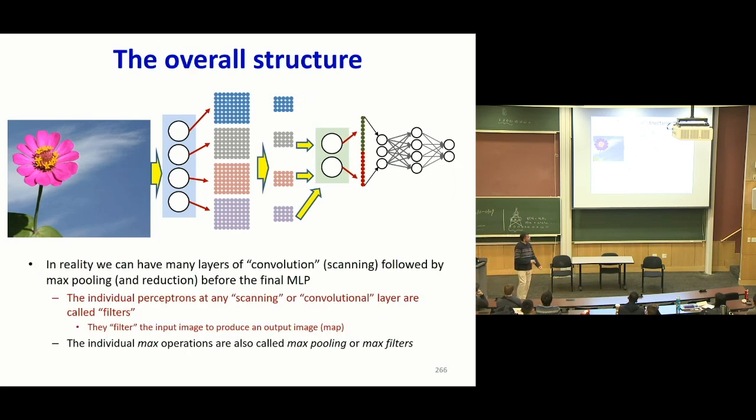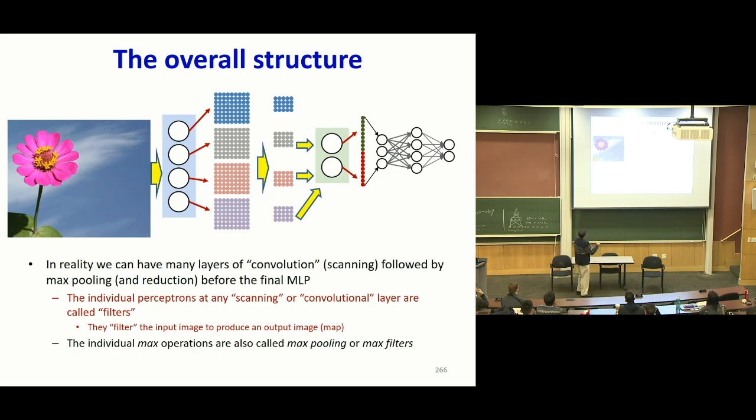In reality, you can have many layers of convolution, which is scanning, followed by max pooling, which often uses a stride greater than 1 to result in a reduction of the map. In all of these, the individual perceptrons at any scanning or convolutional layer are just called filters. They filter the input to produce an output image.